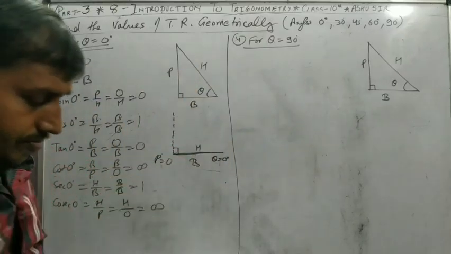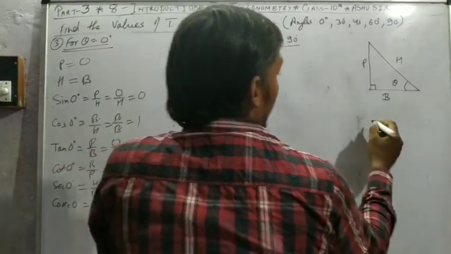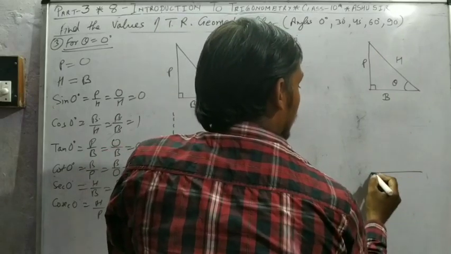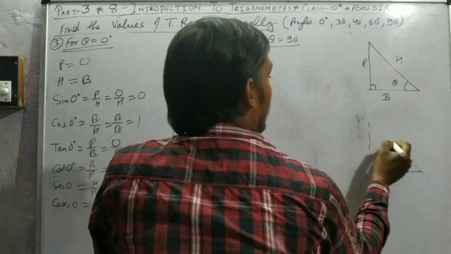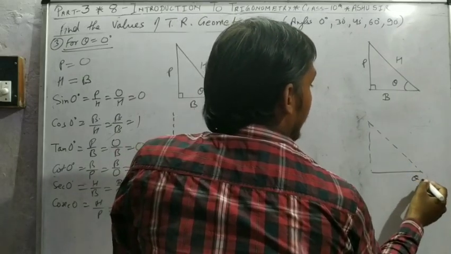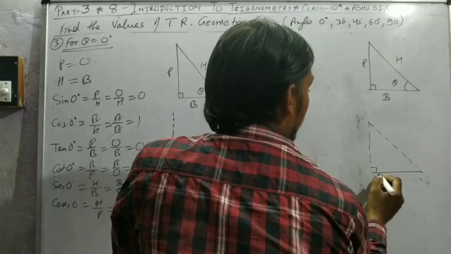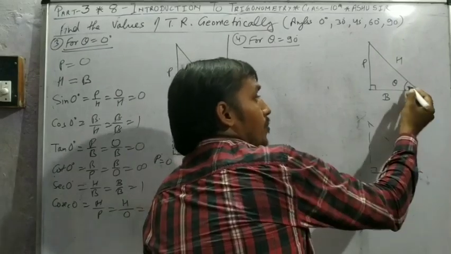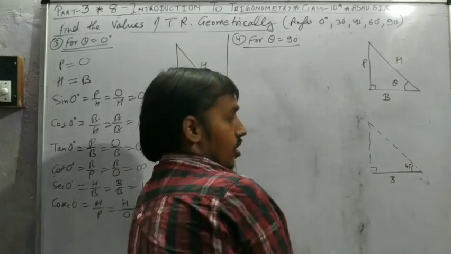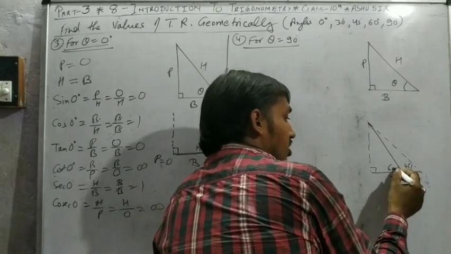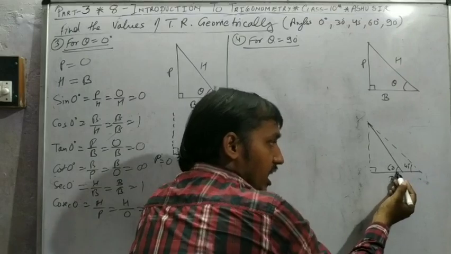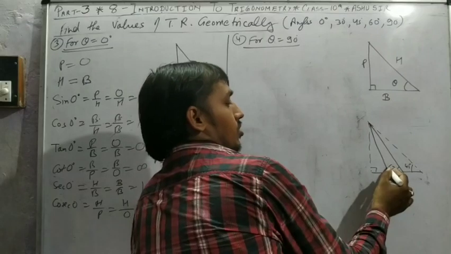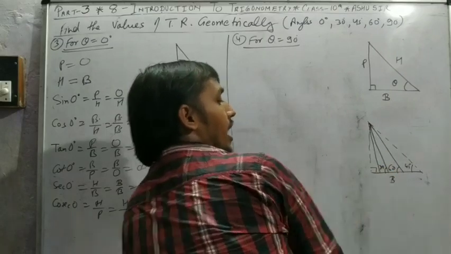Same logic is used here when you take theta 90. You can see here, suppose this is 45 degree, we can change the figure to 60, because the value of the angle is increased. Nearer, 75. Nearer, 85.